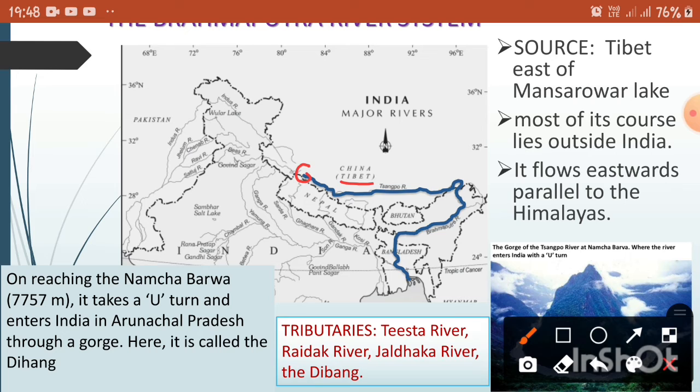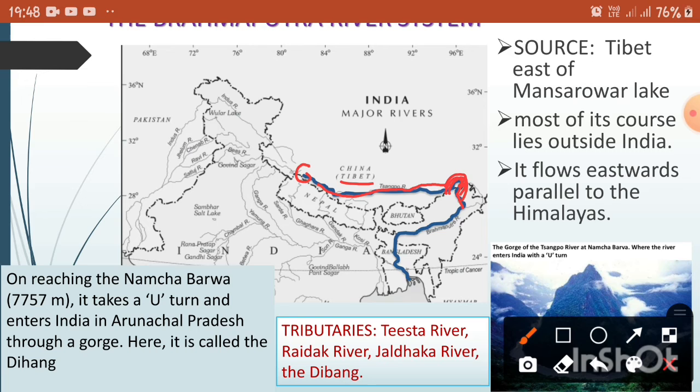It flows eastward parallel to the Himalaya. On reaching Namcha Barwa, which is here, it takes a U-turn and enters India in Arunachal Pradesh through a gorge.